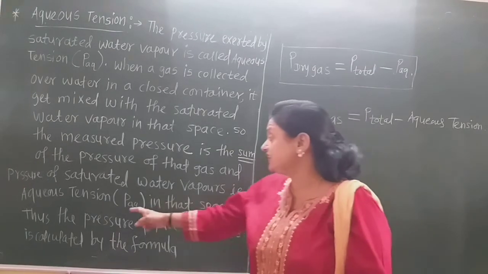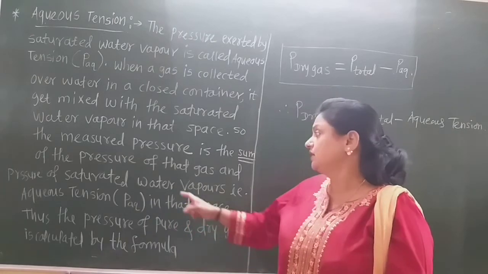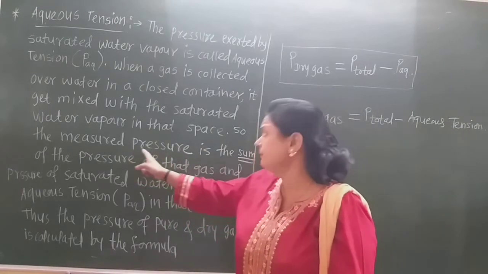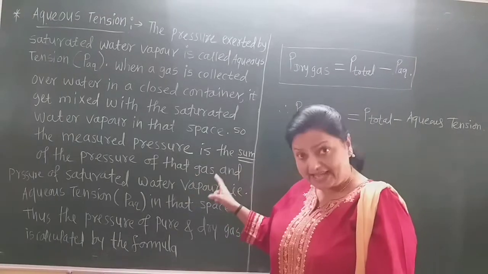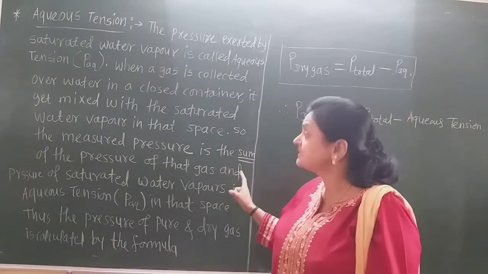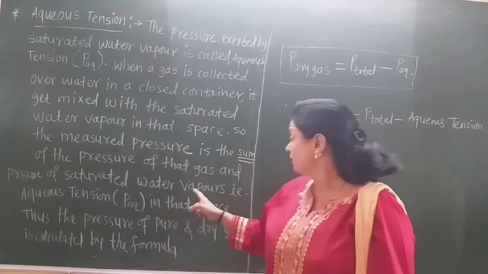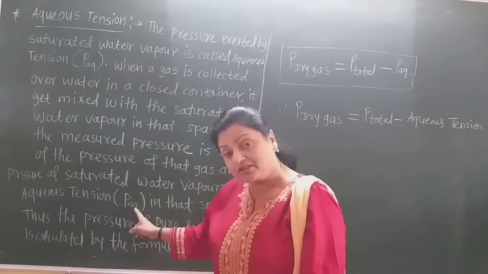So in that space, the measured pressure is the sum of the pressure of that gas and the pressure of the saturated water vapor, that is the aqueous tension.